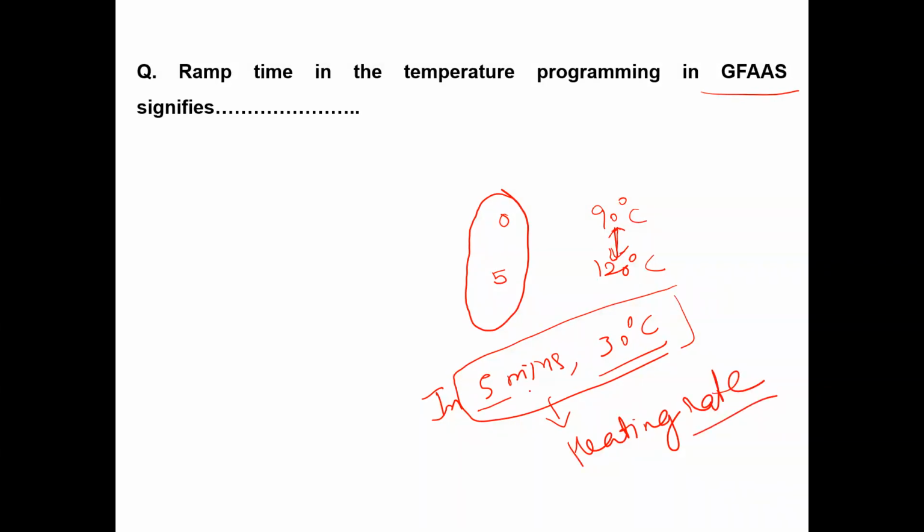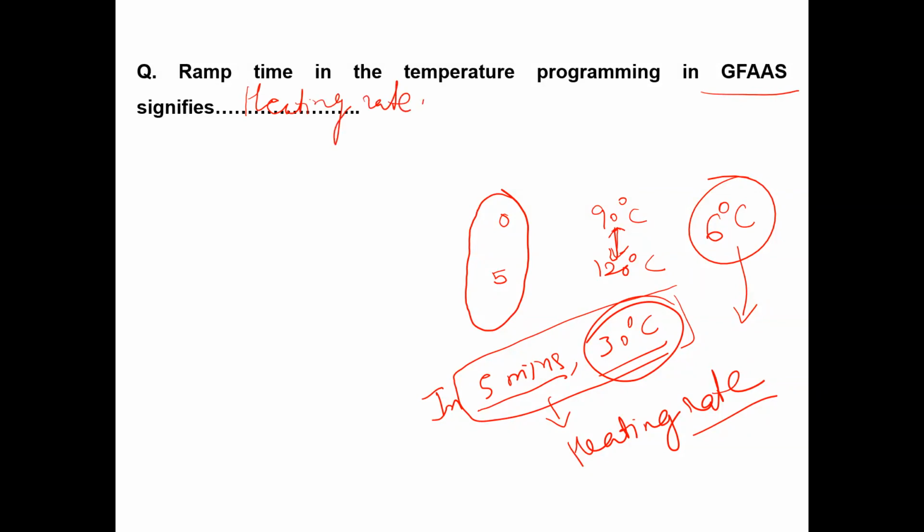If in 5 minutes your temperature is increasing by 30 degrees, in 1 minute it will be increasing by 6 degrees Celsius. That is why it is the heating rate. So the ramp time in temperature programming signifies the heating rate. Clear?